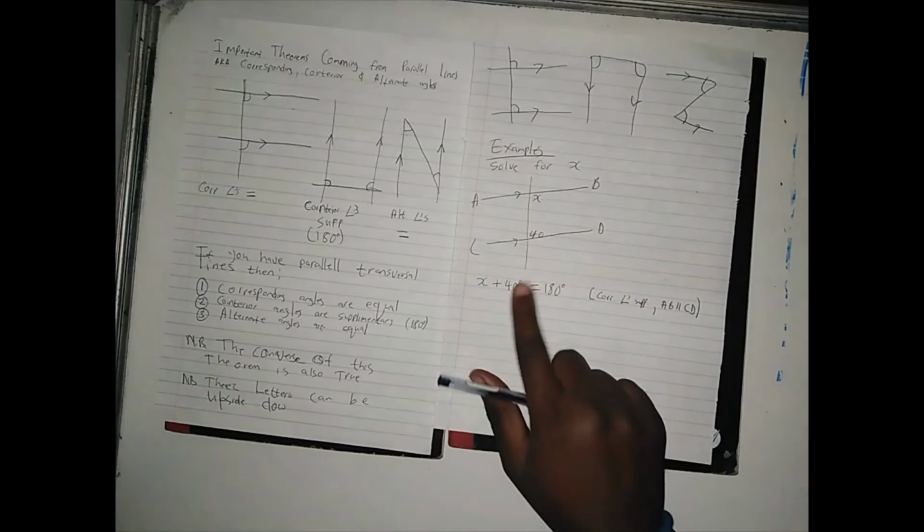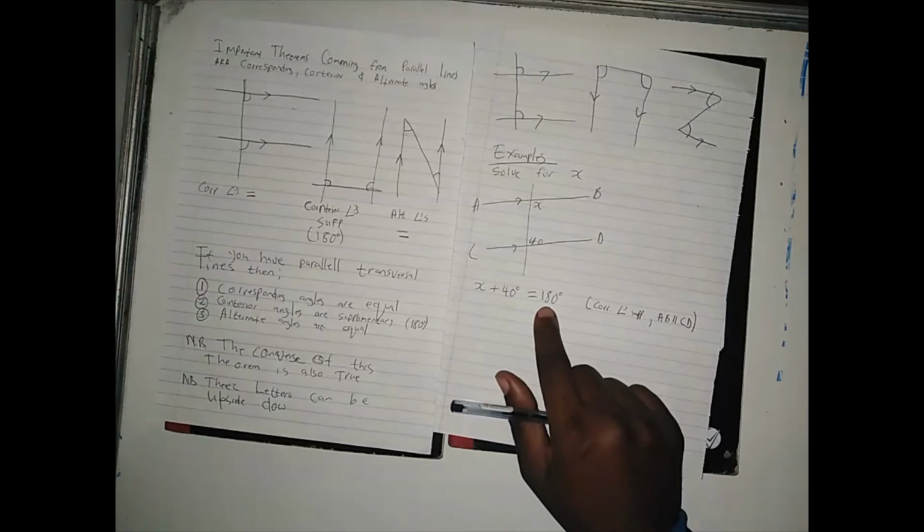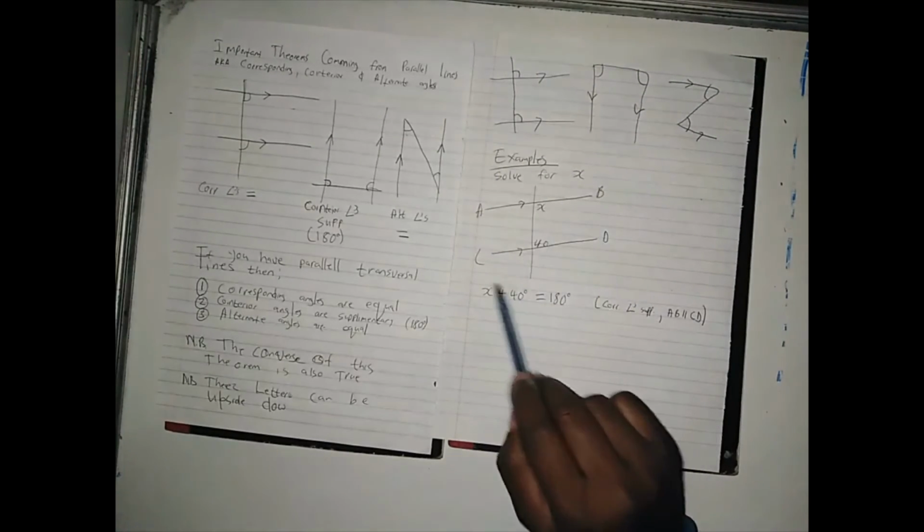Ladies and gentlemen, personality, this is very important. This statement is not valid without this reason. I'm saying X plus 40 degrees is equal to 180 degrees. Why? Because these are co-interior angles, and according to my rules, co-interior angles are supplementary. But how did I know that I can use these rules? I knew it because AB is parallel to CD.